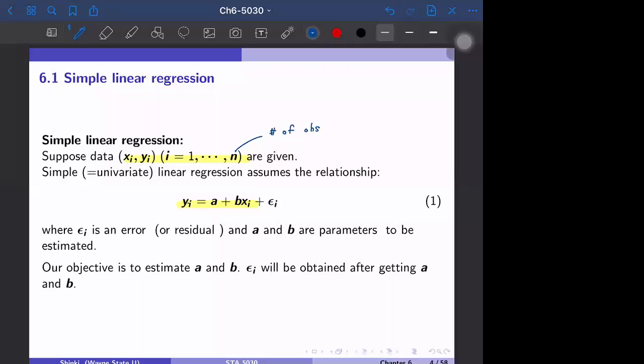Our assumption of simple linear regression is that y_i is a function of x_i in some sense: a times 1 plus b times x_i. But we still have some error because x does not totally explain y.